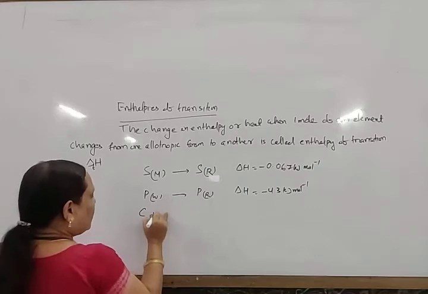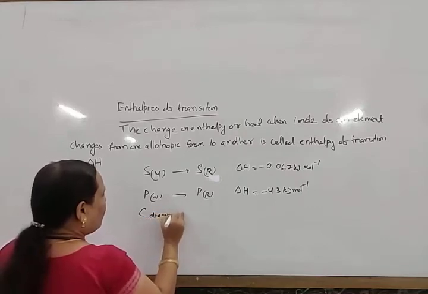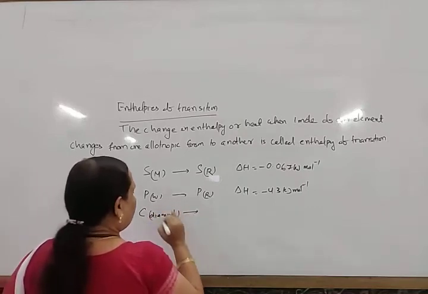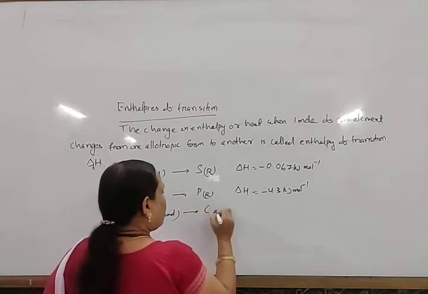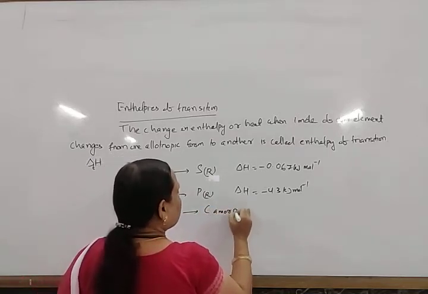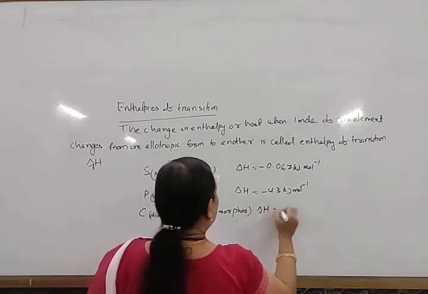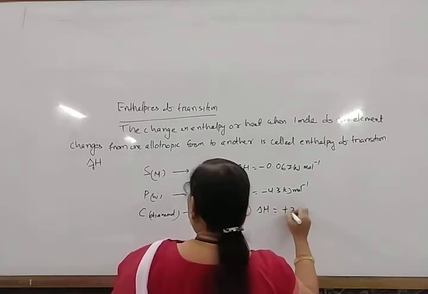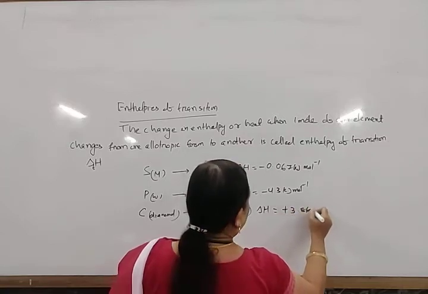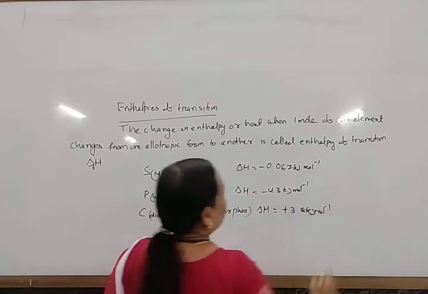Similarly, carbon in diamond form converted to carbon in amorphous form, here ΔH is equal to plus 13.8 kJ mol⁻¹.